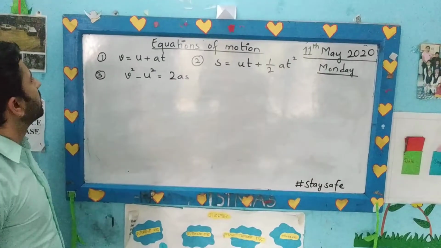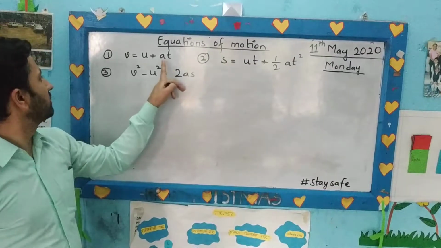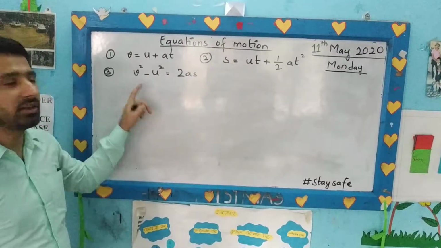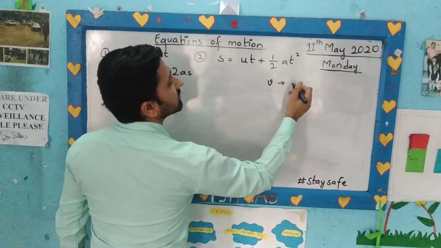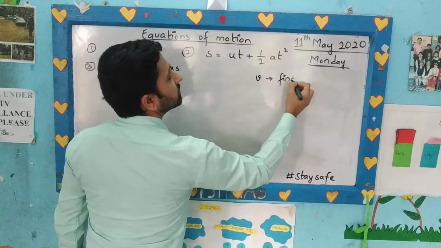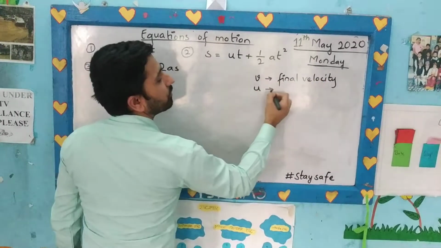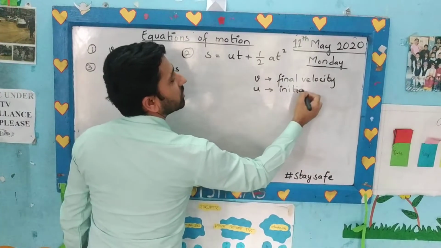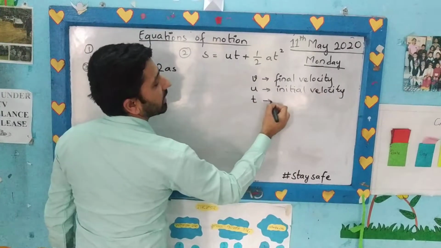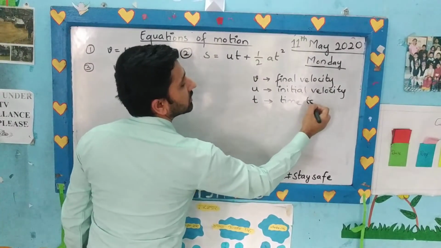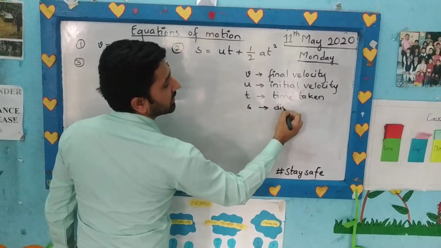Here these three relations are equations of motion, and the symbols used here are generally v as final velocity, u as initial velocity, t as time taken, and s as distance traveled.